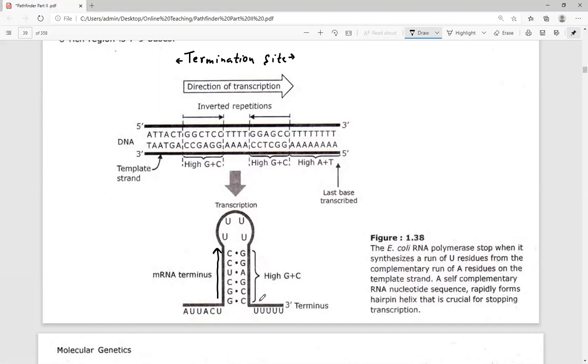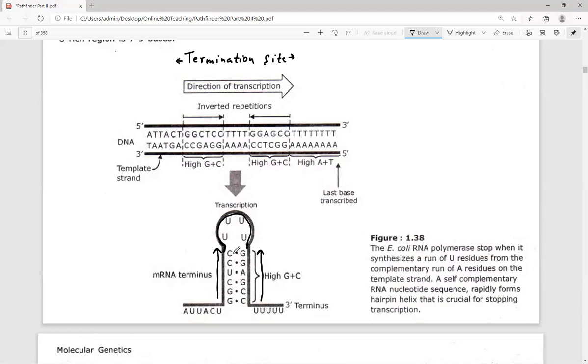These two inverted repeat sequences have undergone base pairing, so they have formed complementary bases with each other. As the two have formed complementary bases, there is a loop-shaped region present.